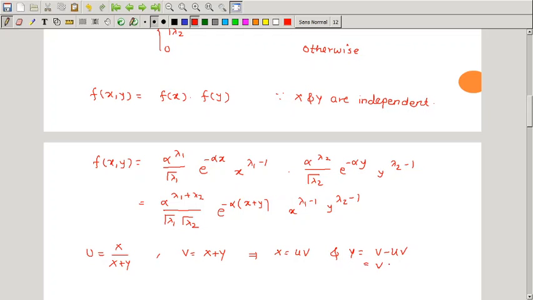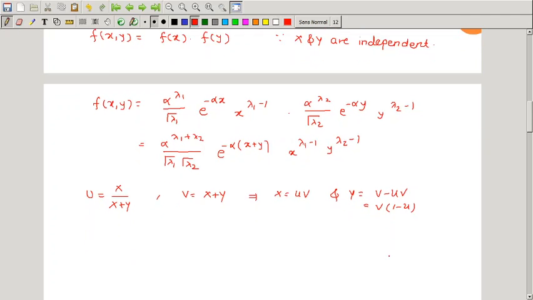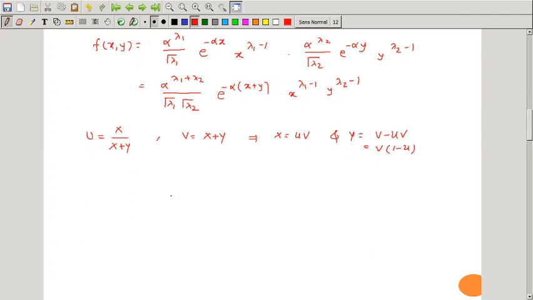Here we have taken V common, so only 1 minus U is there. So Y is equal to V into 1 minus U.